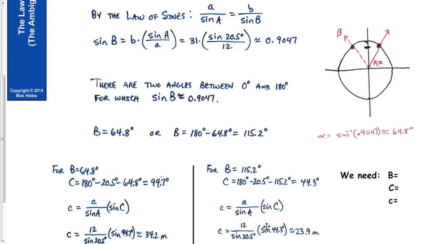Well, that ends my discussion about the law of sines generally, but specifically the ambiguous case of the law of sines, which once again is where we're having to use the law of sines to find the measure of an angle as opposed to the measure of a side. When we're using the law of sines to find the measure of a side, we already know both angles, and so we don't run into trouble then.